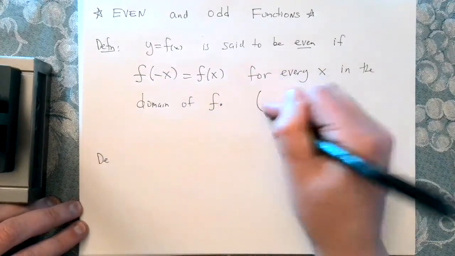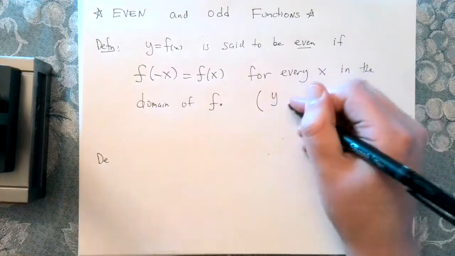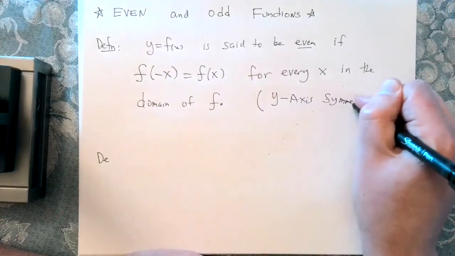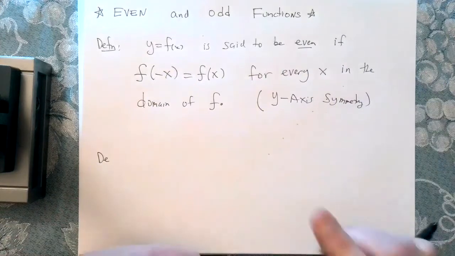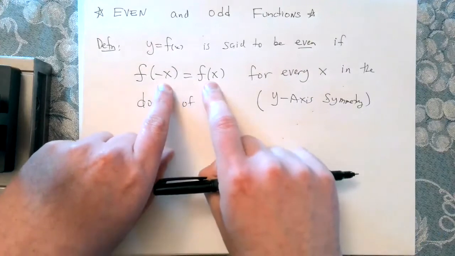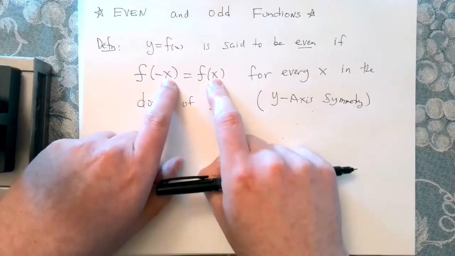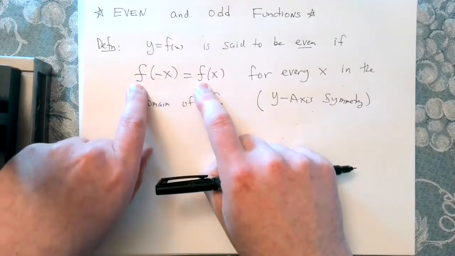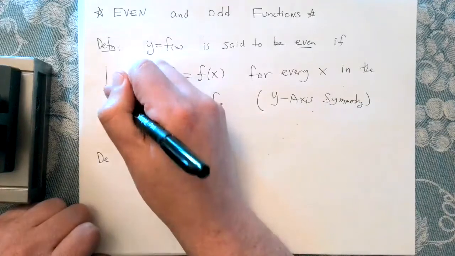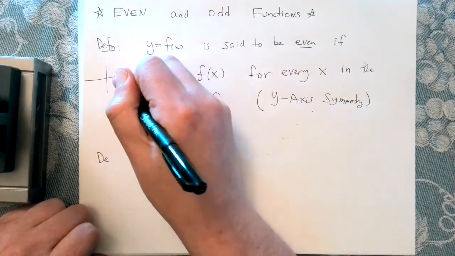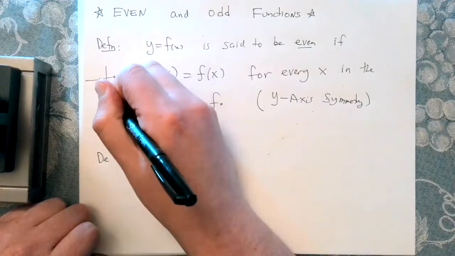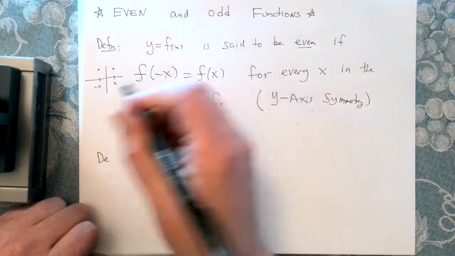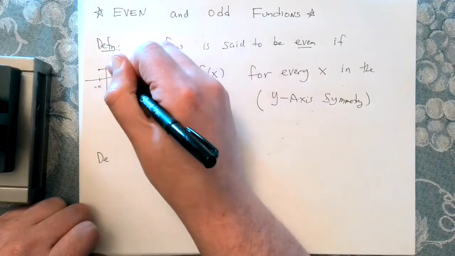These even functions, they all have y-axis symmetry. Why does that make sense? Because notice that looking at symmetric places on the x-axis, x and negative x, the function takes them to the same y value, right? So say here's x, and symmetrically, say here's minus x. Well, if the function takes both of these to the same y value, then you can see that there's y-axis symmetry.